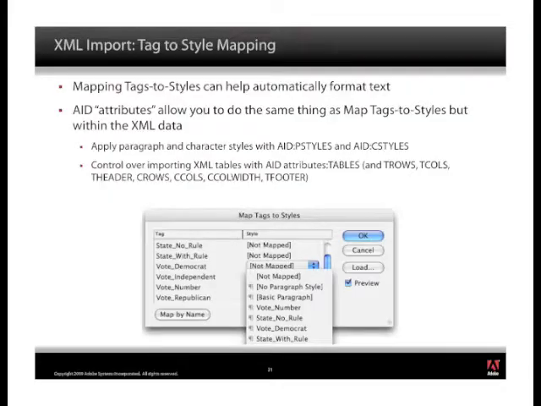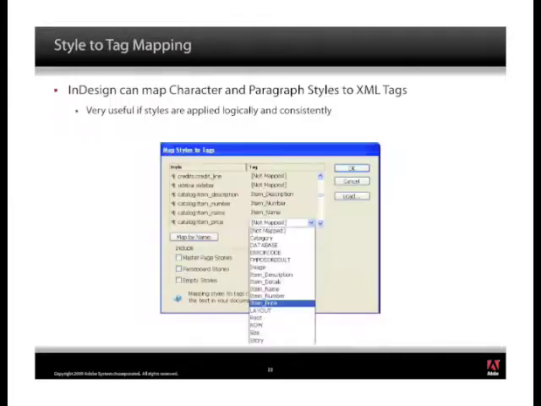There's also a way to map style sheets, say that you brought in from Microsoft Word, into XML tags, as well as to map style sheets out to XML when you get them out. So there's a way to bring in XML, have it reflected in styles in the document, and then do the opposite on the way out of the document.